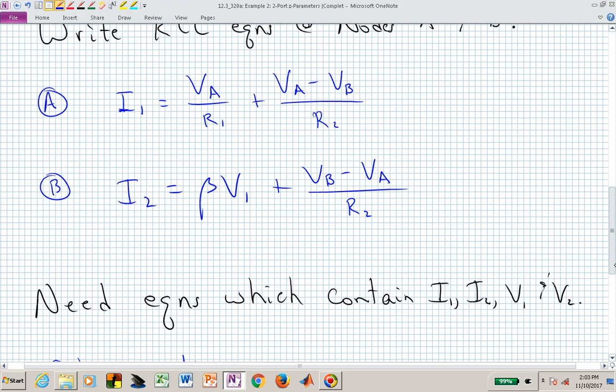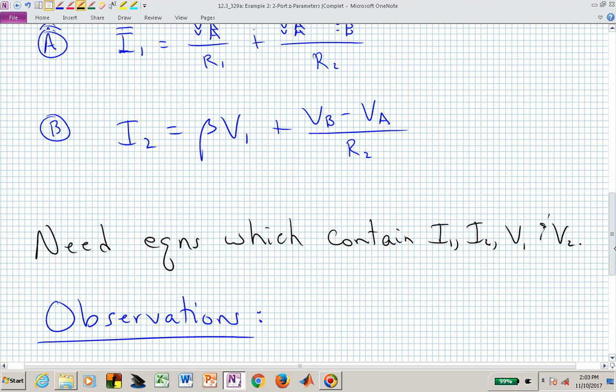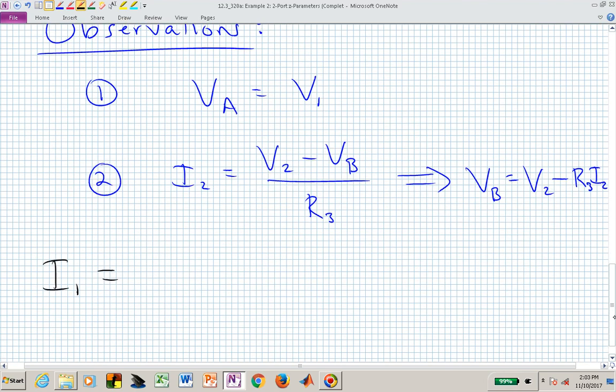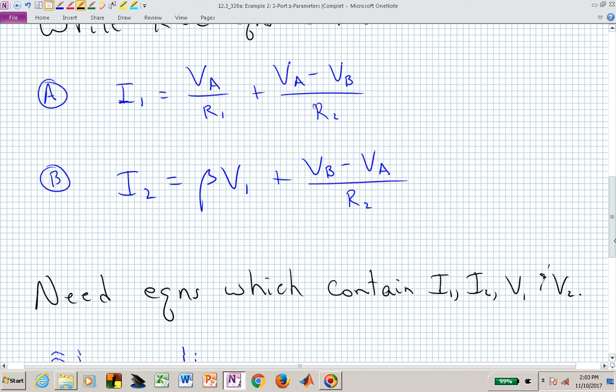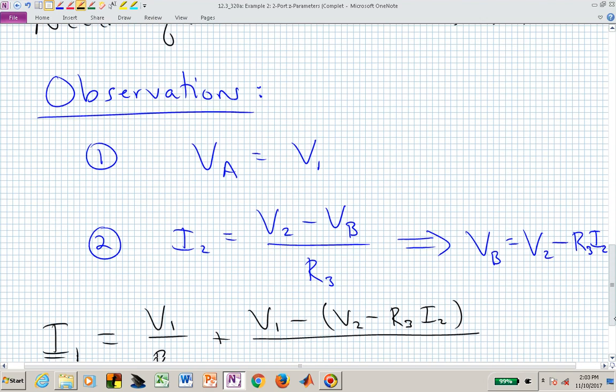If we do that, then I sub 1, that's our A equation, is V1 over R1 plus V1 minus V sub B, but V sub B is V sub 2 minus R sub 3 I sub 2, all over R sub 2.